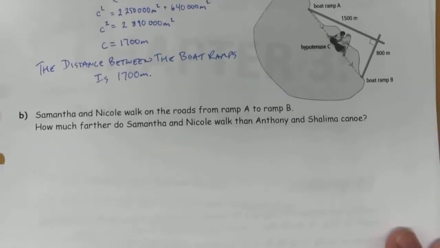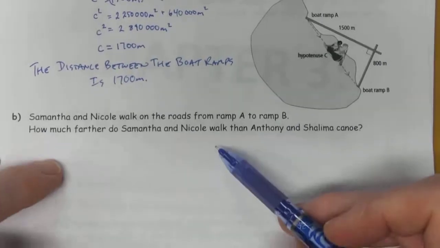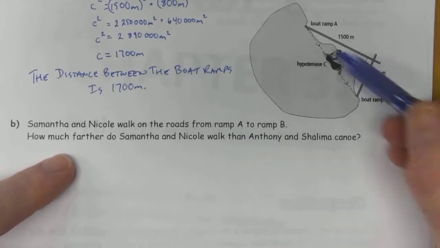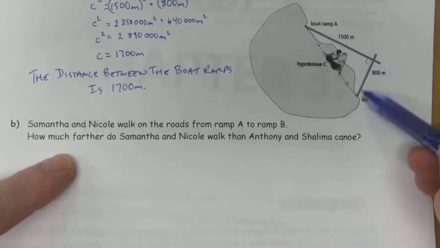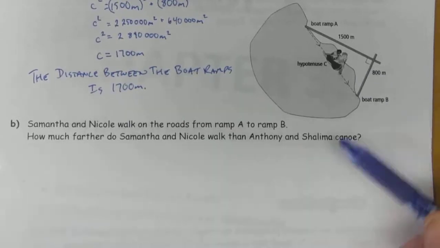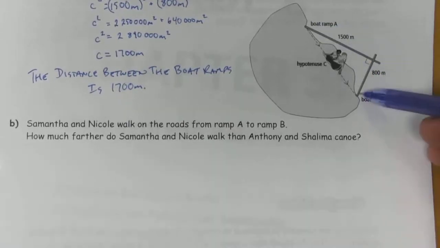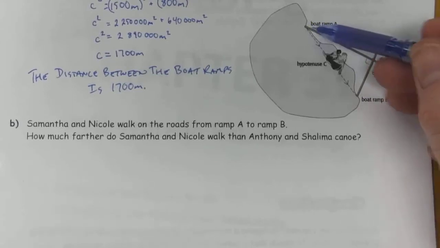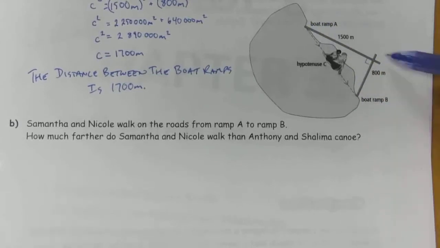Now, Samantha and Nicole walk on the roads from ramps A to B. So that's the legs of the triangle. How much farther do Samantha and Nicole walk than Anthony and Shalima canoe? Well, we need to know what this total distance is along the two legs.